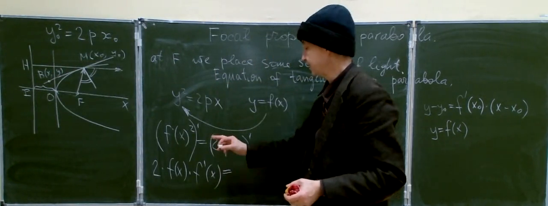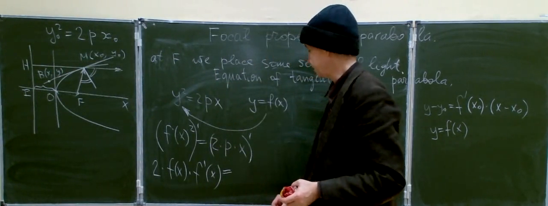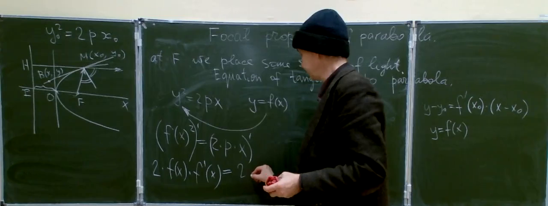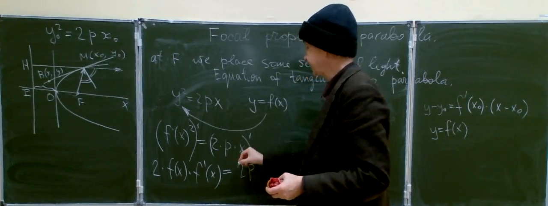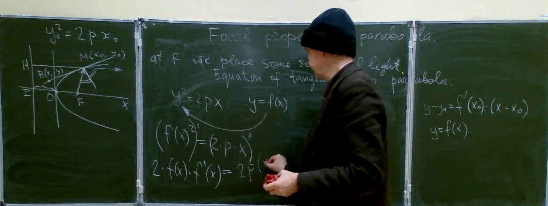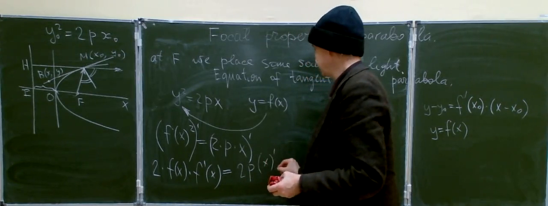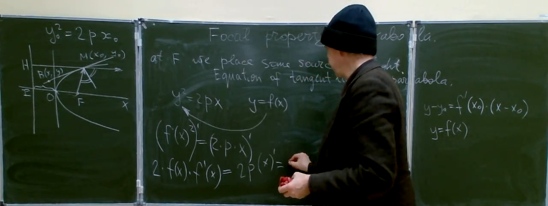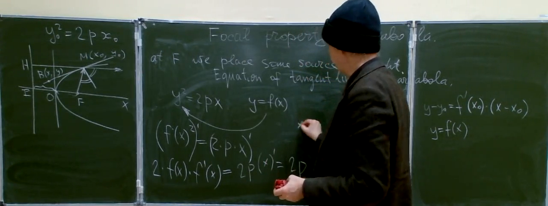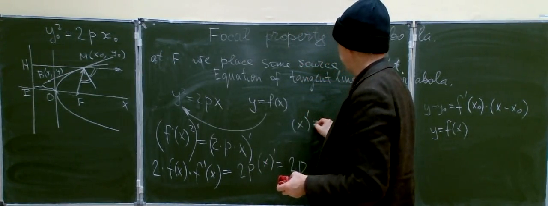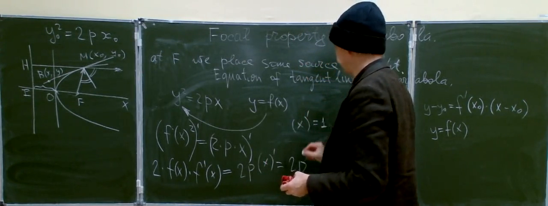Because the number 2 and p are constants, they are unchanged. And the derivative of x is equal to 1. Therefore, we get 2 times p, because x prime is equal to 1.